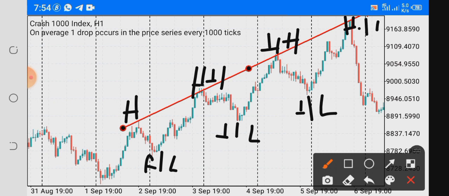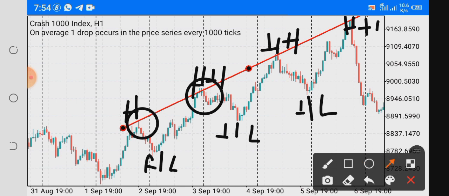So this trend line connects two or more higher highs. You see how simple this is? A trend line connects two or more higher highs, or two or more lower lows.